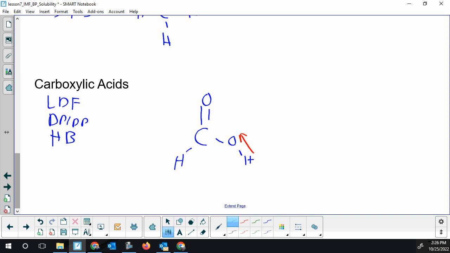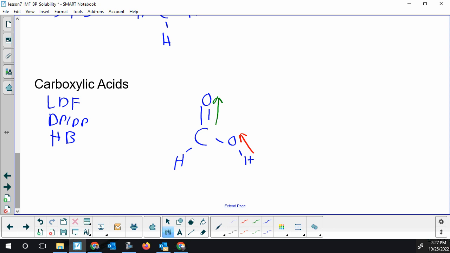So if the electron count was similar, you're going to see the most forces with carboxylic acids. Because carboxylic acids have hydrogen bonding, which would tie the alcohol, and it's got this big dipole-dipole. So carboxylic acids are kind of at the top of our list, then alcohols, okay?